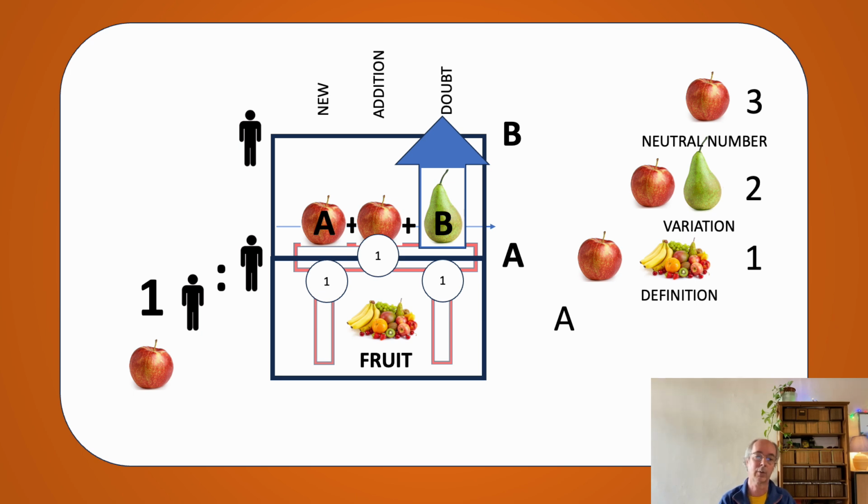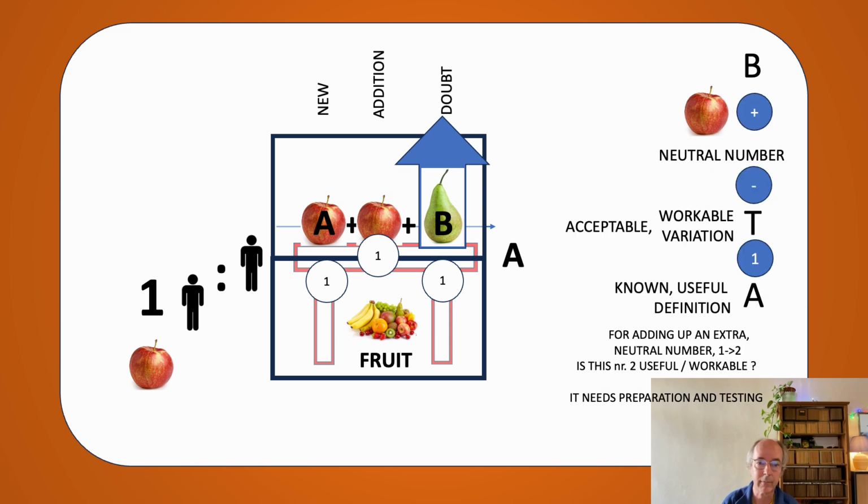And so we had the definition, or 1, we had the variations in the categories, but categories I will talk about later. That is now the number 2, and we had a neutral number, which was simply the counting. So what do we need here?